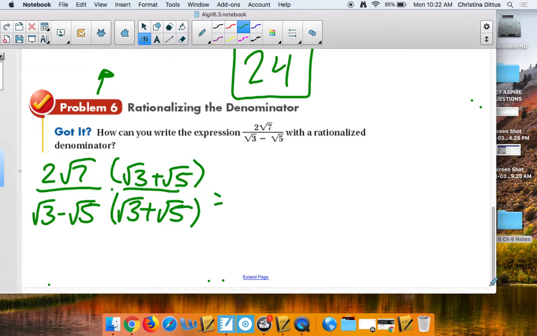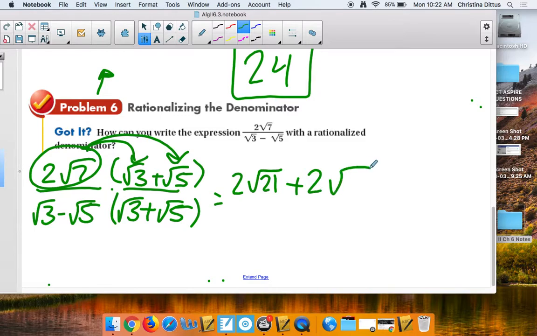I have my 2 outside, so I'm going to have 2 square root of 21 plus how much? Gotta distribute, right? I gotta take this whole thing times this and times this. Good. 2 square root of 35. Okay, I'm done with my top.